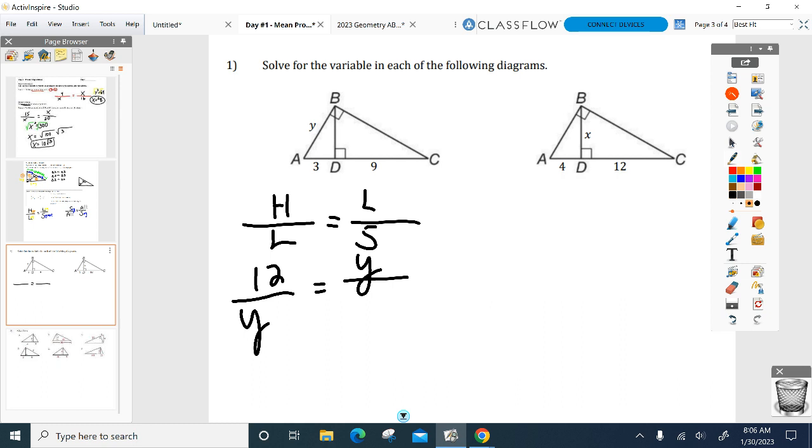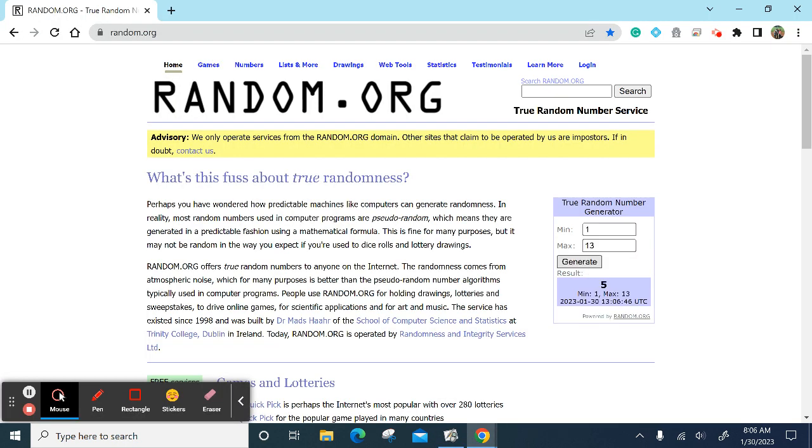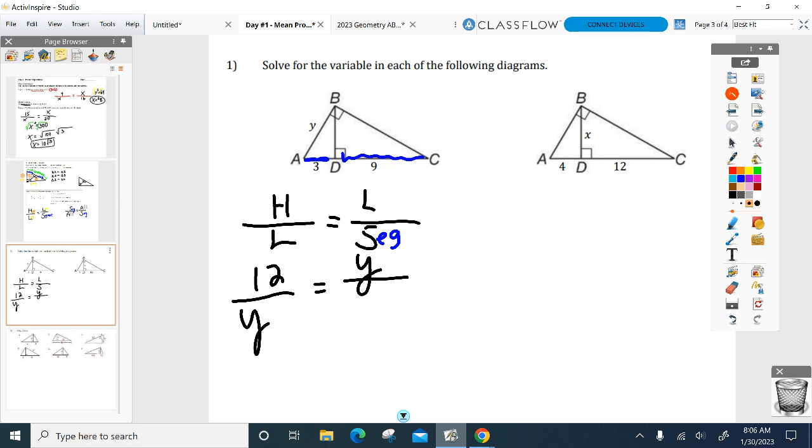And now S for segment. There's 2 of them, AD and DC. But I want the one next to the leg of Y I just used. So what's the segment next to leg Y? 3. There you go. And there's our proportion that matches up the sides for us. 12 over Y equals Y over 3.